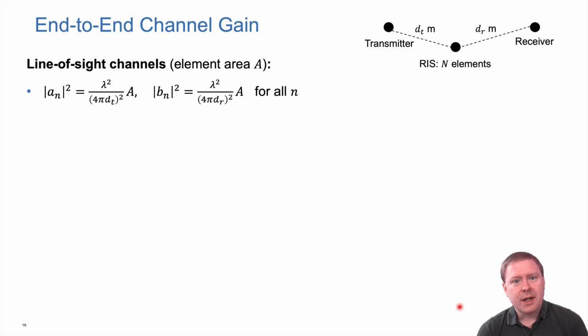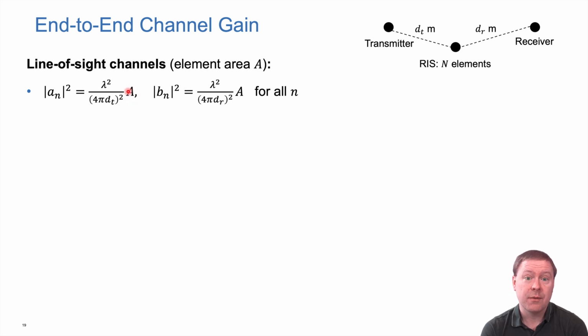Let us now have a look at how the end-to-end channel G becomes when we have configured the channel perfectly. For example, we can consider a line of sight case where we have isotropic antennas at the transmitter and the receiver, and each of our N elements here has an area A. There is a distance d_t between transmitter and RIS, then each of the a_n factors will have an absolute value squared that is lambda squared over 4 pi d_t squared, multiplied with the area of an element.